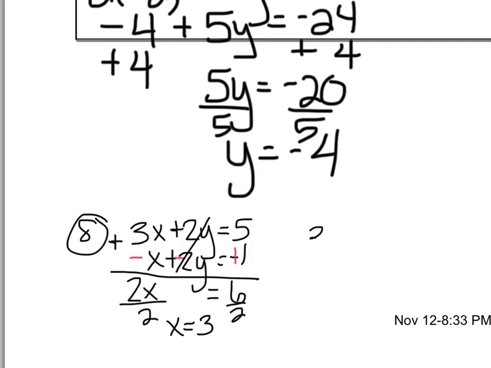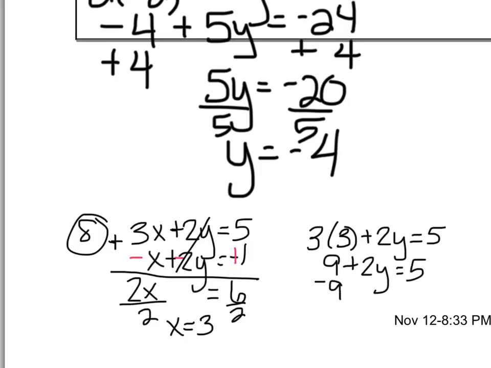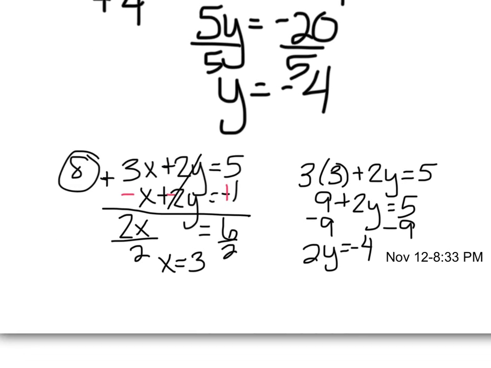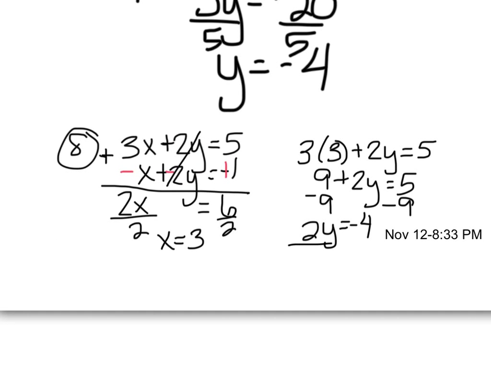So it's 3 times 3 plus 2y equals 5. 3 times 3 is 9. Subtract 9. So 2y equals negative 4. Divide by 2. So y equals negative 2. So your answer for number 8 should have been 3, negative 2.